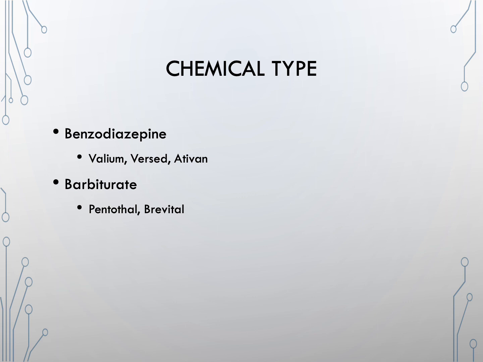Benzodiazepines are also sometimes referred to as benzos, and they are a class of depressant drugs whose core chemical structure is the fusion of benzene and diazepine. Benzodiazepine. It all makes sense now. Some examples of benzodiazepines are Valium, Versed, and Ativan, and a couple examples of barbiturates are Pentothal and Brevital. Again, take a peek at table 1.2.